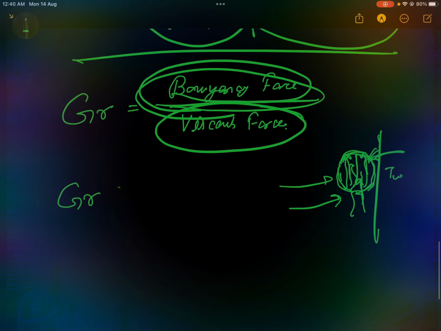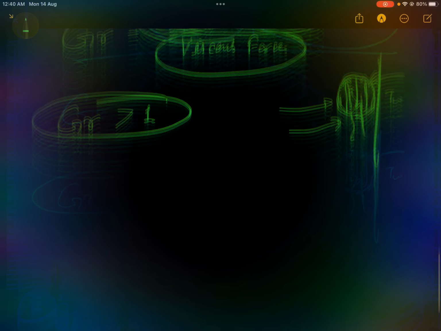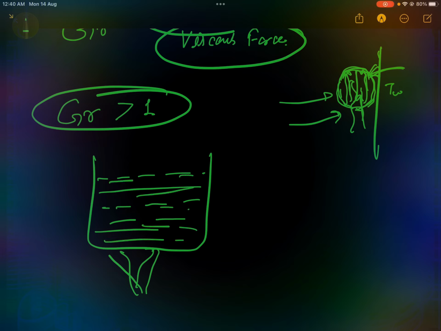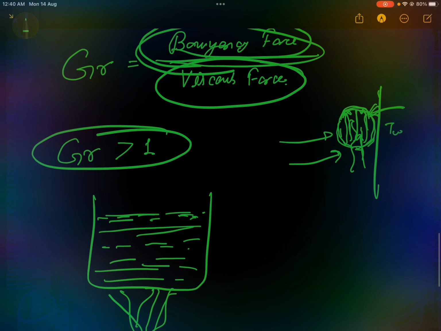If the Grashof number is greater than 1, it means that free convection heat transfer is more dominating. Let's say we have a container and we are heating it and we have some liquid in it. Because of the viscous effect, the fluid is not moving. But as we heat this liquid, there will be a formation of bubbles and vapors, and that creates the buoyancy force.